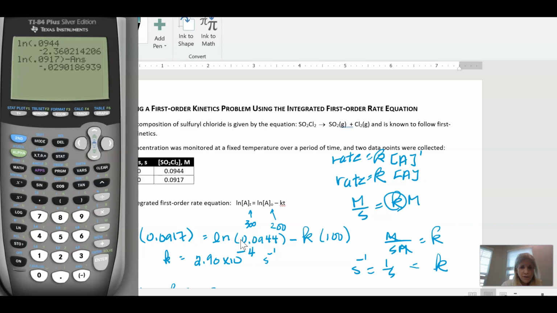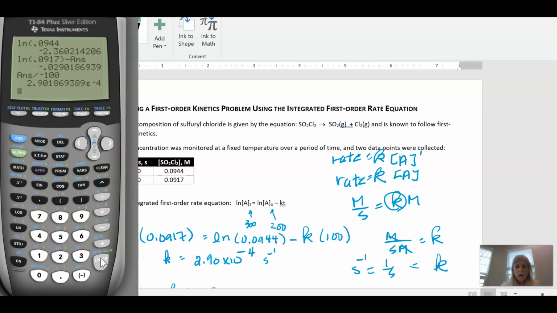So I've moved this to the other side. This number that I'm showing in the calculator equals negative k times 100. So I want to divide both sides by negative 100. Divide by negative 100, and that gives me the answer. That's how I got the answer.